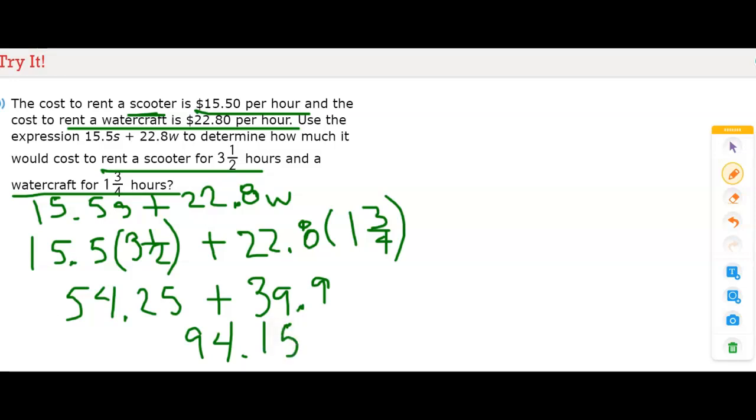But it asks for cost. Thankfully, there's only 2 decimal places, so the amount of that rental for both would be $94.15.